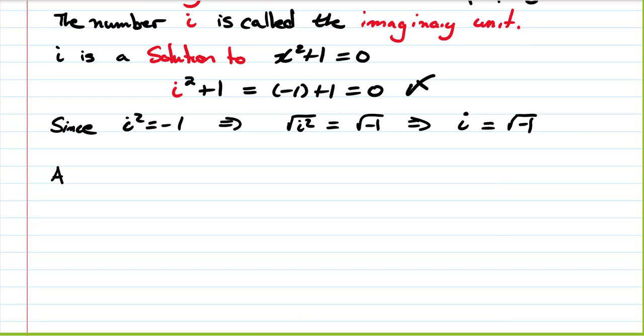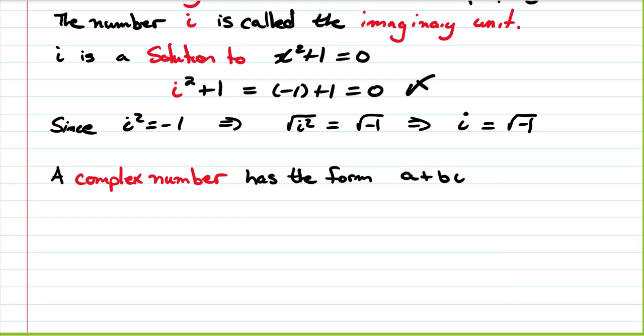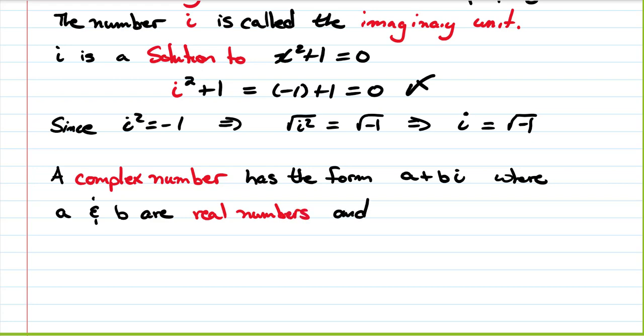A complex number has the form a plus bi, where the i is the imaginary unit, so where a and b are real numbers, and i is the imaginary unit.